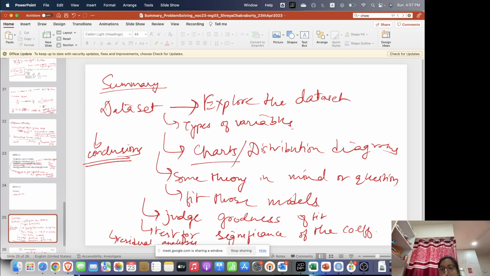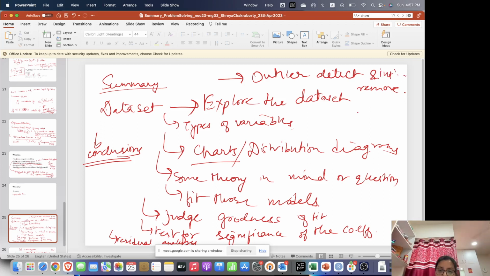And also, if there are any assumptions in mind after fitting the models, we can go for testing of those assumptions. One more thing is that if we have some outlier, we should detect and remove outliers and influential observations.